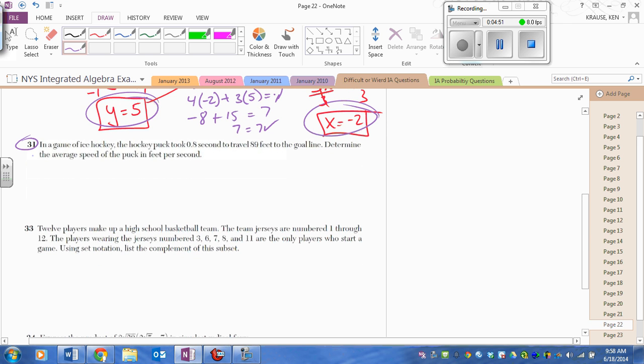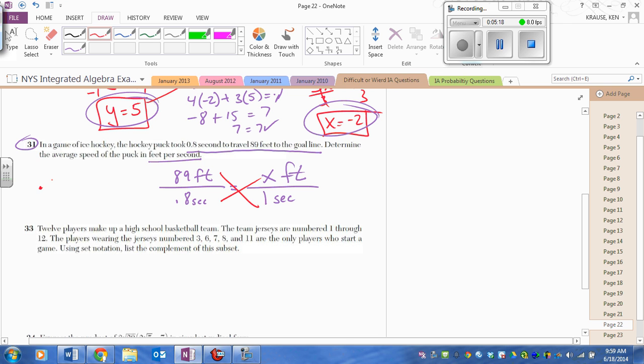In a game of ice hockey, a puck took 0.8 seconds to travel 89 feet to the goal. Determine the average speed in feet per second. So 89 feet in 0.8 seconds. And I want to know what it is in 1 second. X feet. I just cross multiply.